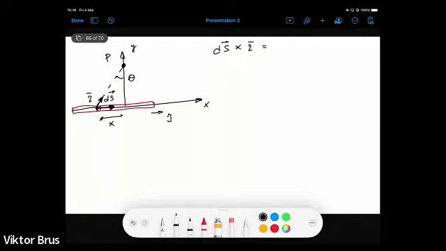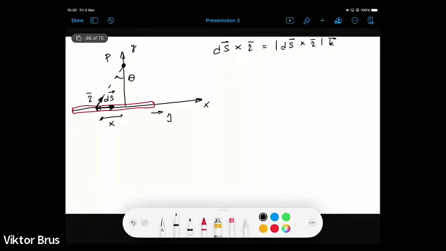So we can take the absolute value of this product, ds vector cross r unit vector, and multiply it by the k unit vector, which will be in the direction of axis z, which we don't show here in order not to make it too cluttered.